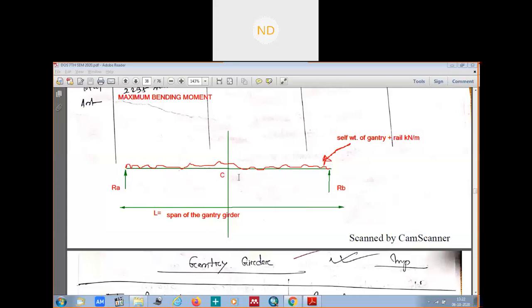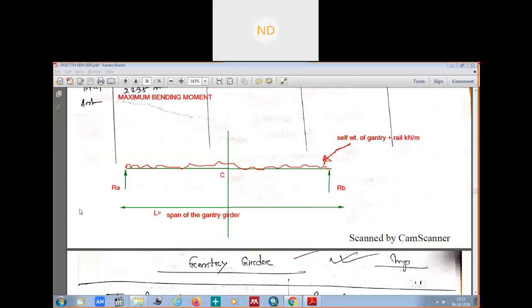So here we know this is the gantry girder. Above the gantry girder was what? The rail section. That's why we have self weight plus the rail section. Above the rail section is what? The wheels of your crane.